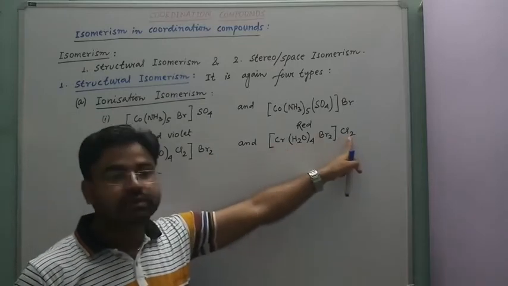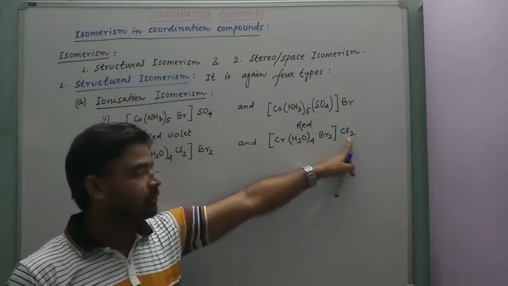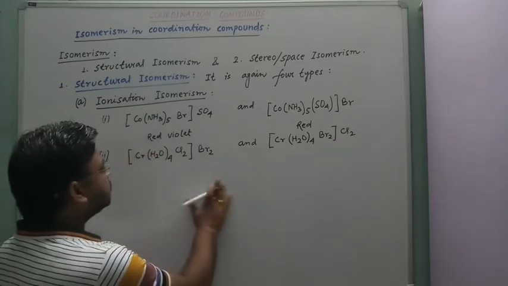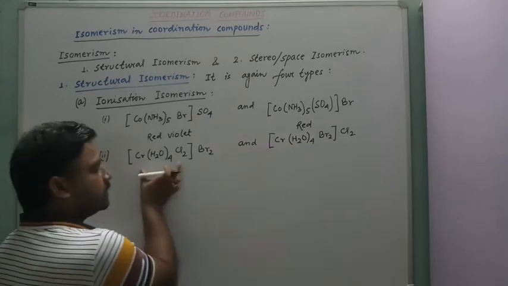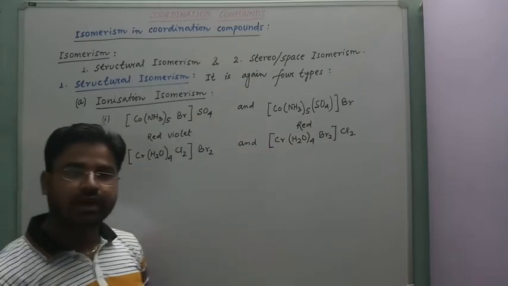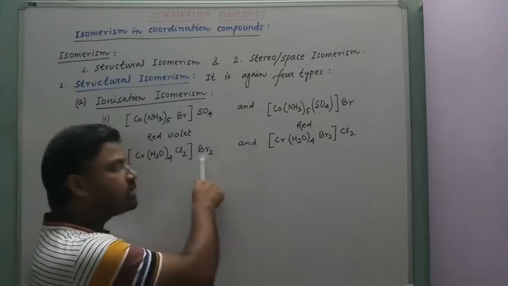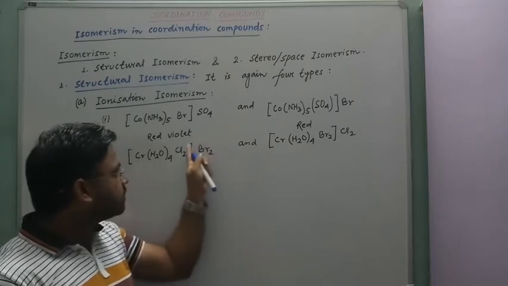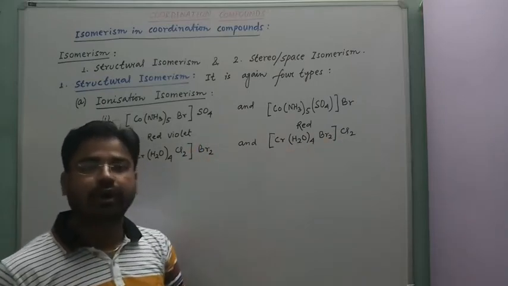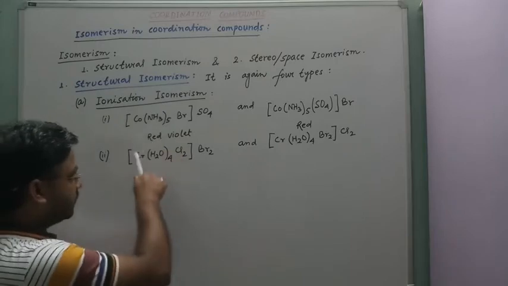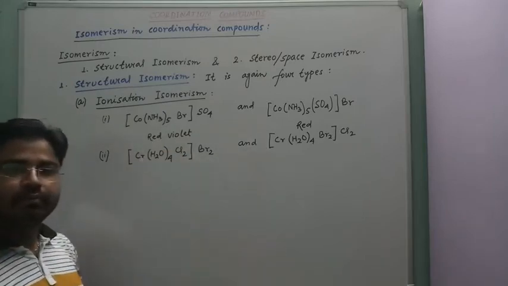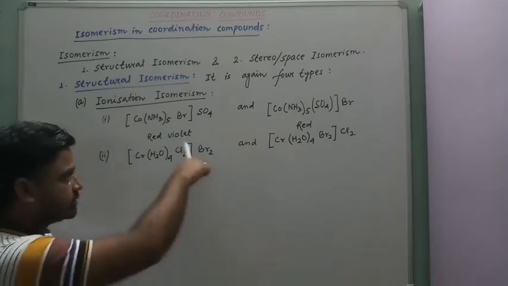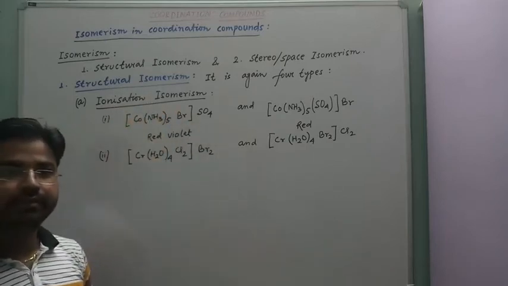This compound gives chloride ion in solution when treated with AgNO3 solution. In both compounds, in solution, the complex part does not lose its identity, whereas the counter ion can dissociate in the solution. That's why this compound gives bromide ion and this compound gives chloride ion. Both compounds have the same molecular formula or composition, but they give different ions in solution. That's why these are ionization isomers.